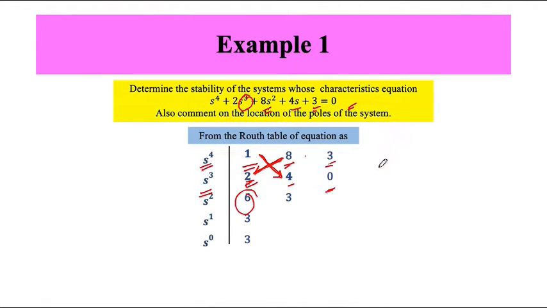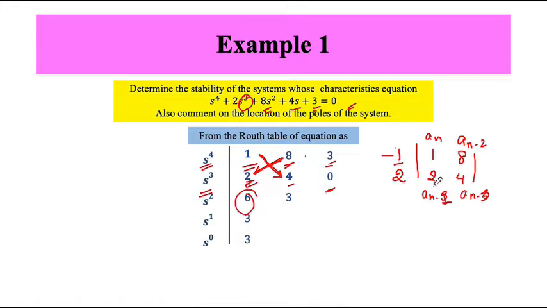So we can do it this way: minus 1 by 2 and then take the determinant of 1, 2, 8, 4. What we are doing basically is, this is a_n, this is a_(n-2), this is a_(n-3), this is a_(n-1), this is a_(n-3).